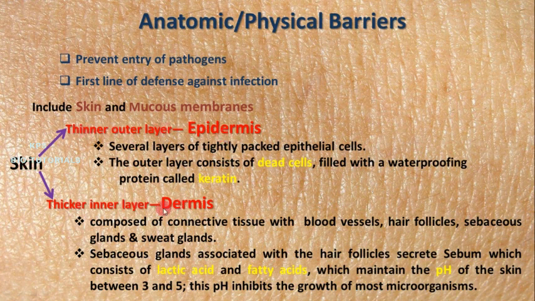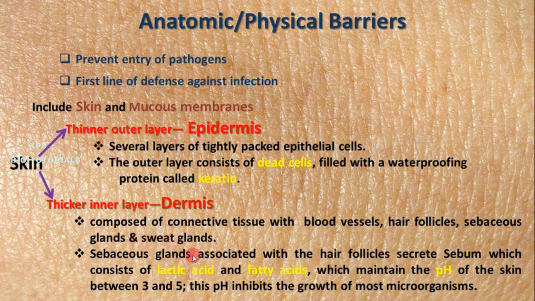Then the inner layer, the dermis, is composed of connective tissue with blood vessels, hair follicles, sebaceous glands and sweat glands.